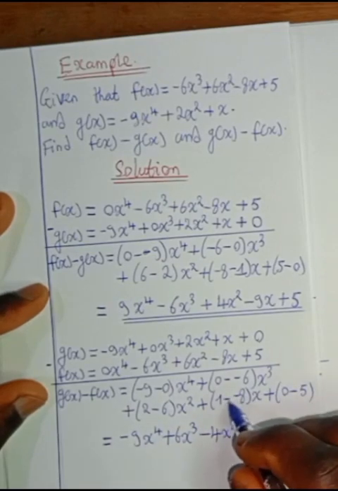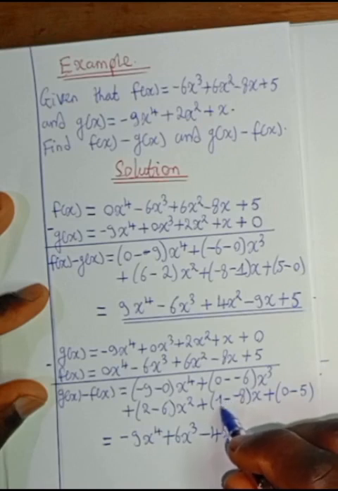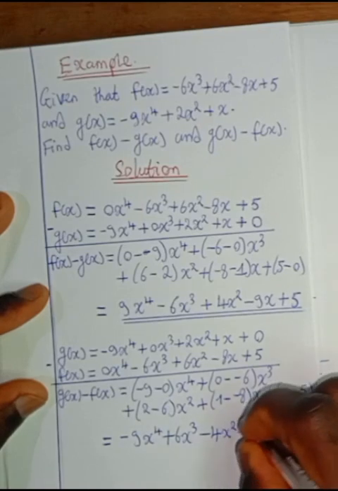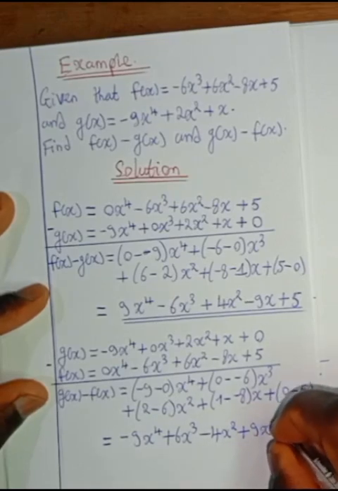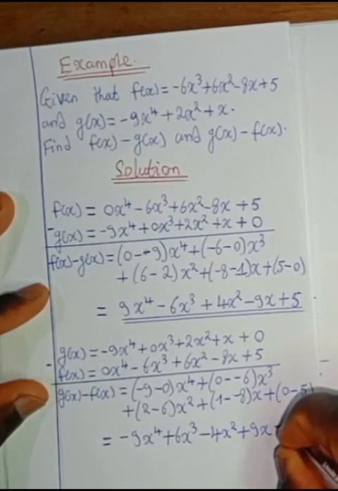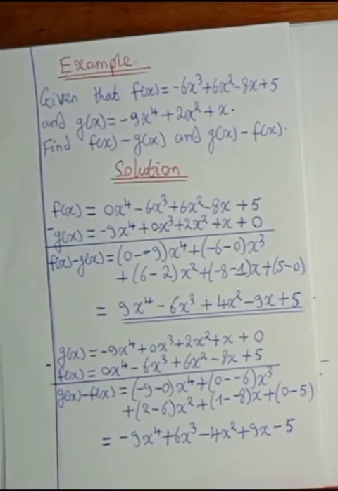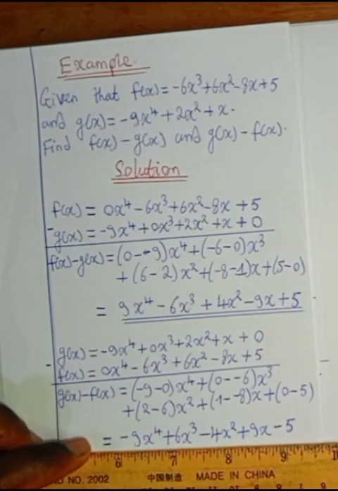If we have two negative signs, which becomes positive, 1 plus 8 gives us 9, plus 9x. 0 minus 5 gives us negative 5, minus 5. So this is our g of x minus f of x.